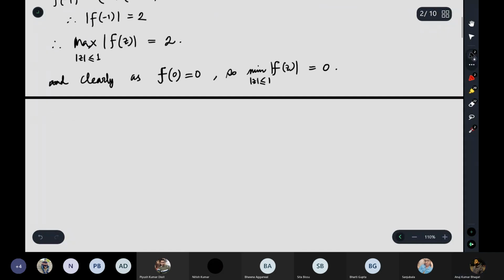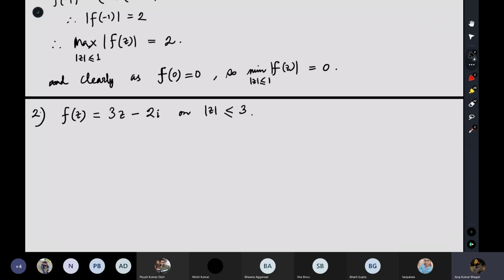So there are different ways to do this question. I'll pick up another question, this is from another book. I'll just talk about the maximum of this function. Find the maximum of this function, 3z minus 2i, on mod z less than or equal to 3.